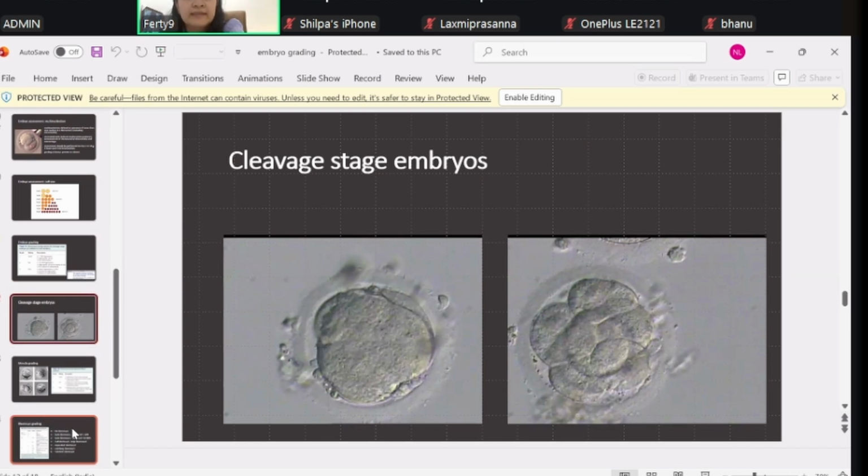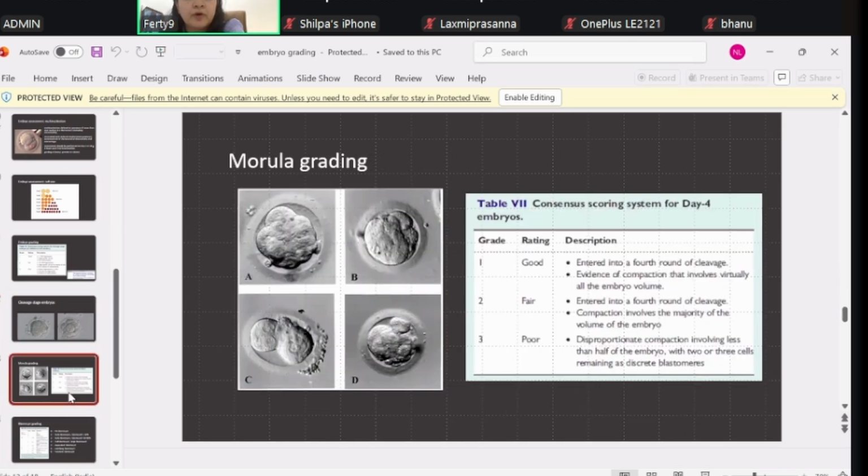So these are cleavage stage embryos. This one is already entered into morula, and this is 7 to 8 cells. Morula grading: generally we don't check the dish on day 4, but some labs, in patterns outside India or other countries, do morula day 4 transfers as well. In morula grading, a good grade has entered the 4th round with evidence of compaction.